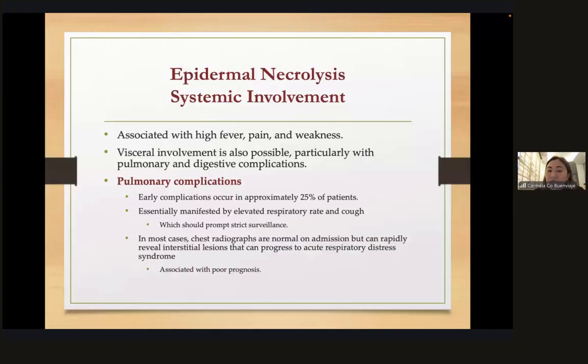In most cases, chest radiographs are normal on admission, but can rapidly reveal interstitial lesions that can progress to acute respiratory distress syndrome, which is already associated with poor prognosis. So usually, we don't just do the chest radiograph once. So we have to assess the patient every day on what tests the patient would need to do or need to repeat.